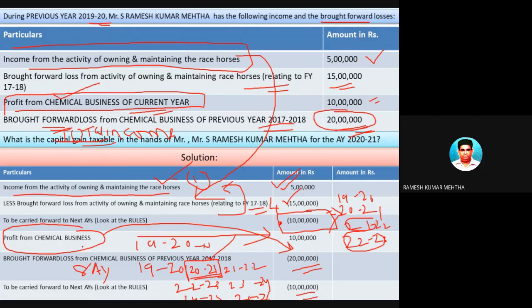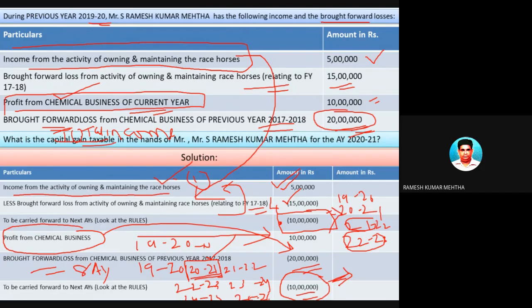And profit from chemical business was to the tune of 10 lakh rupees this current year, and the brought forward losses were set off to the tune of 10 lakh rupees. Hence the loss still to be carried forward is 10 lakhs, and there was no other income for setting off this.